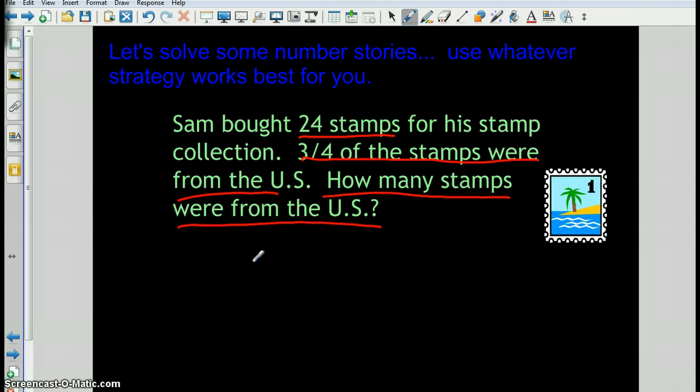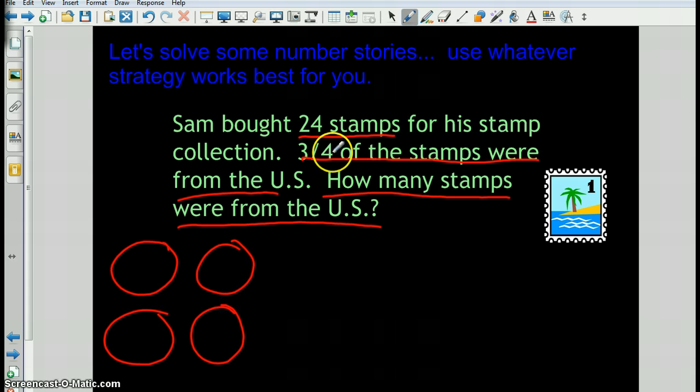A couple methods that you could do. The one I prefer is starting by drawing 4 circles, because remember, the denominator tells us how many groups we're going to divide 24 into. So I take 24 and divide them into 4 groups: 1, 2, 3, up to 24.